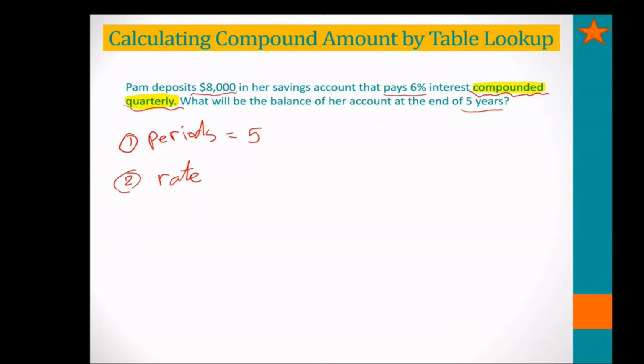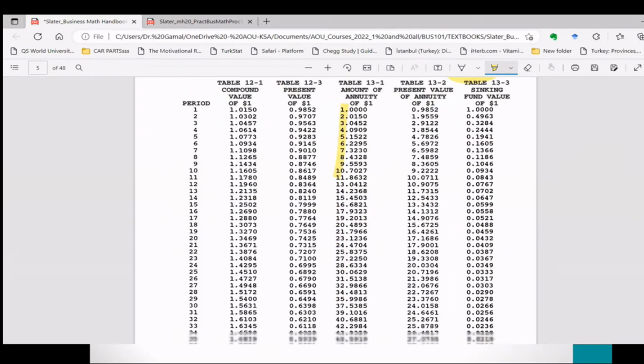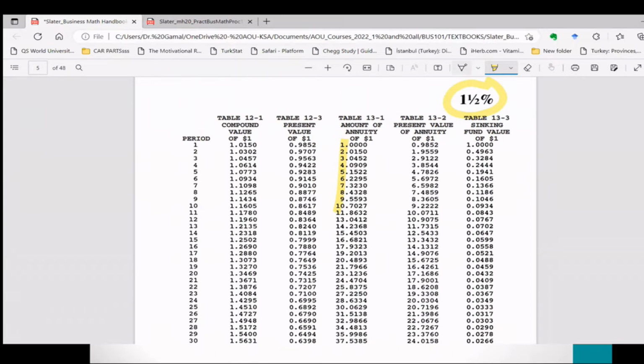Each year has 4 quarters. 5 times 4 equals 20 periods. So I know from the table, 20 periods. This is the periods. This is 20 periods.